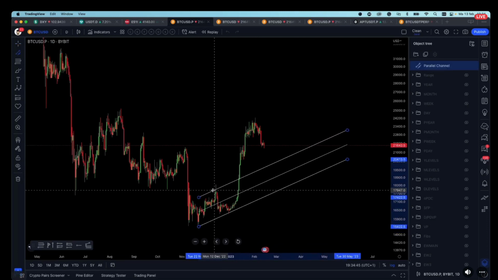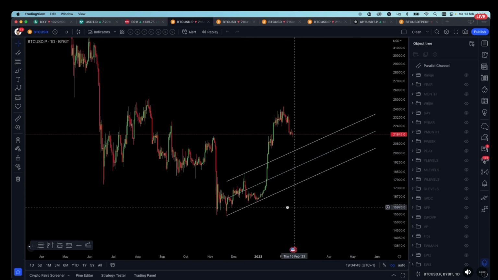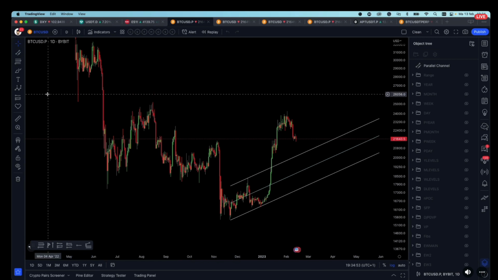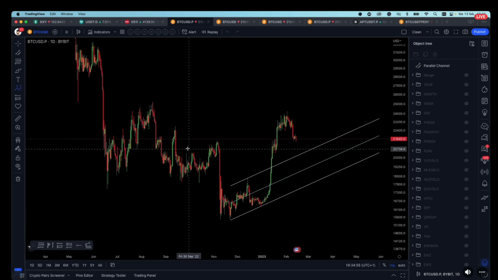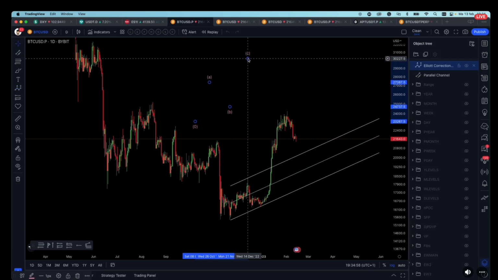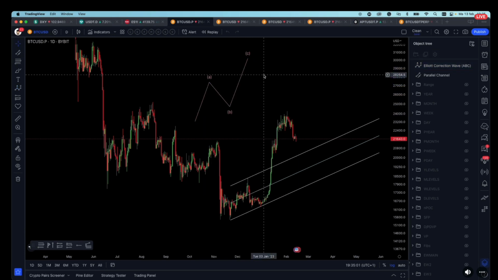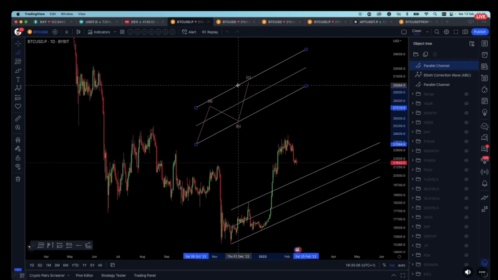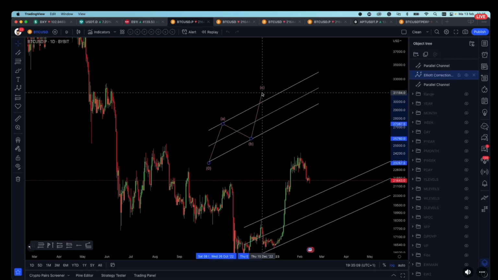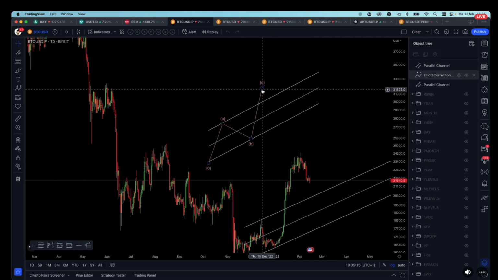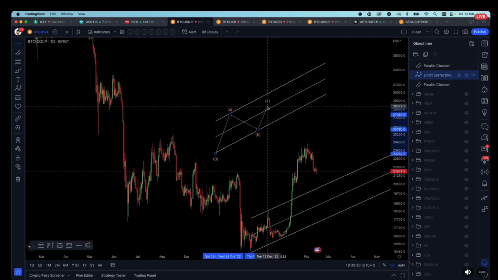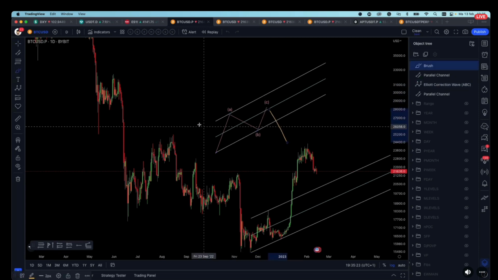But channel-wise, it's a bit weird. So what do the rules of Elliott Wave say? That if you have an ABC correction like this, then you have two things. Price will either do something like this, a little bit higher than your upper trend line, or it will fall short and then move down.